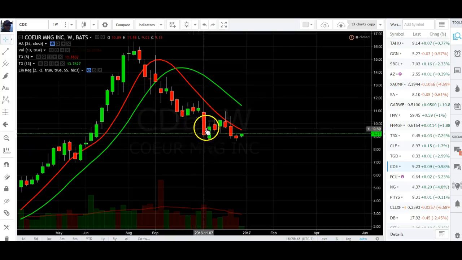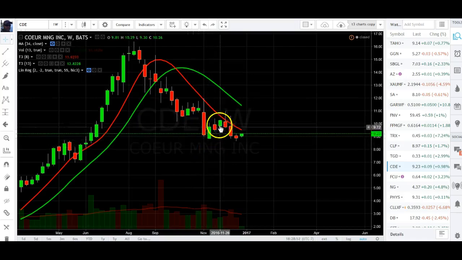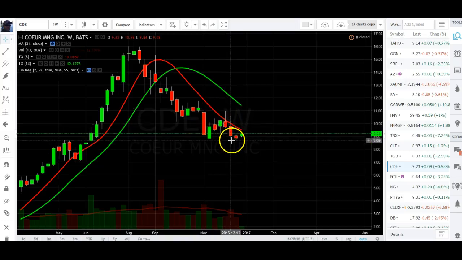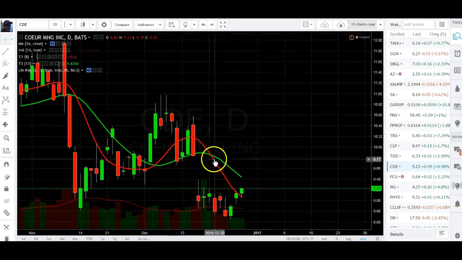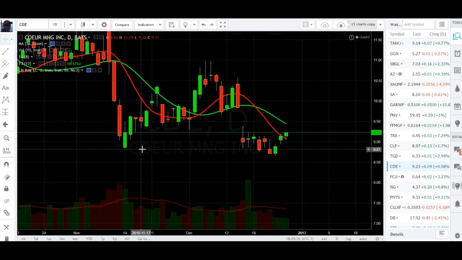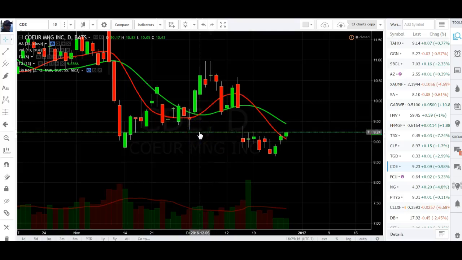But the trading action is like a bullish piercing pattern, so it went up, made a reversal bar, took it out, and now we got a whipsaw. It's got to get above the EMA 8 on the daily. That's our support. Once you got support through time, you can use it as your gauge.